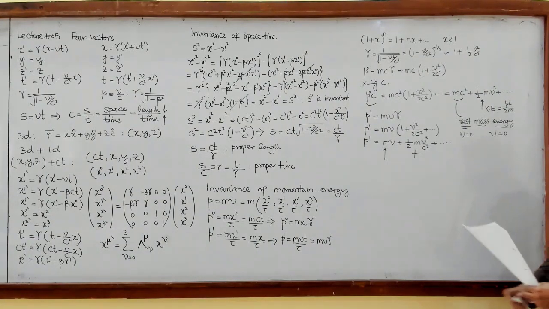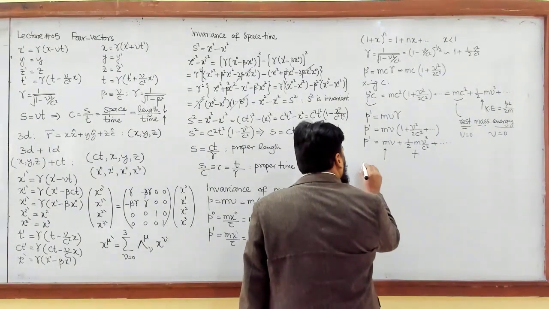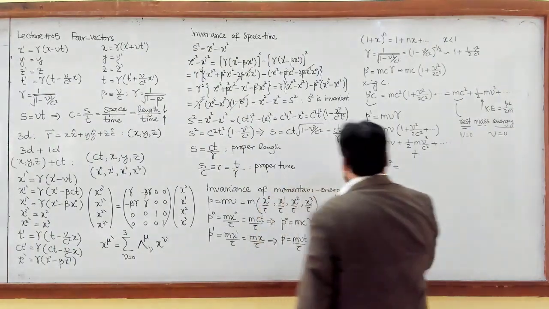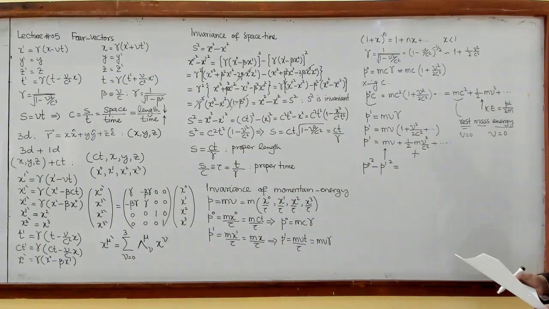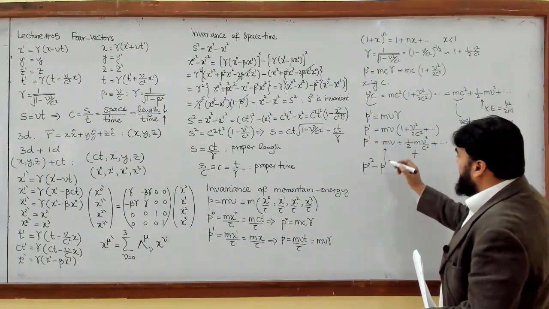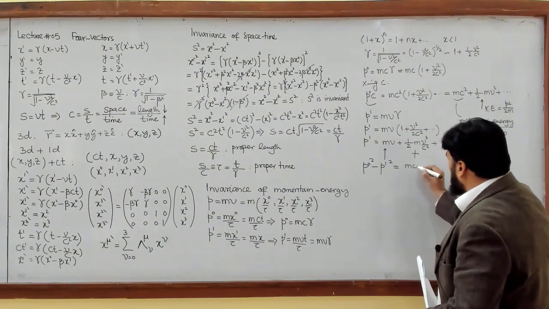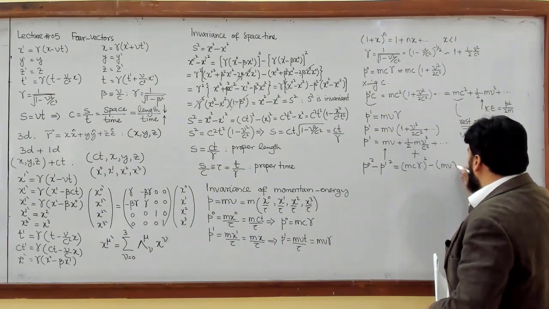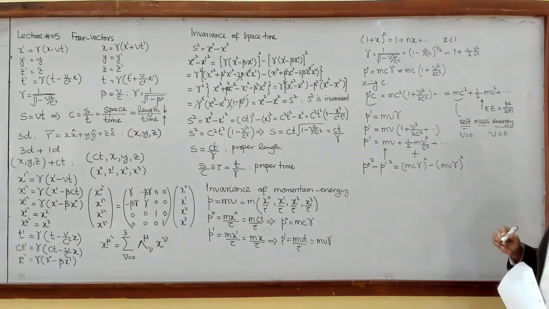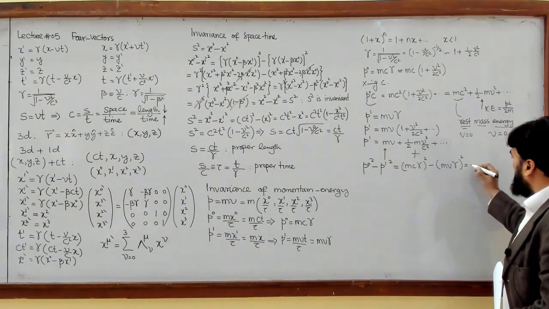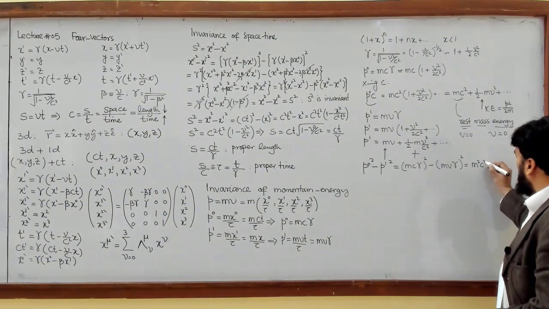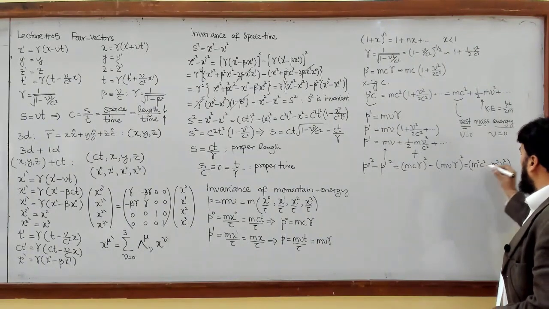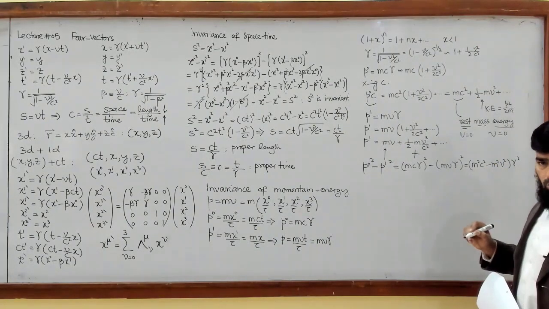So now let's say we are measuring the invariance, P naught square minus P1 squared. We measure this one. So if you measure this one, then put their values. P naught was mc gamma squared and P1 was mv gamma squared. So this is equal to m square c square minus m square v square, and gamma square you can take as common.